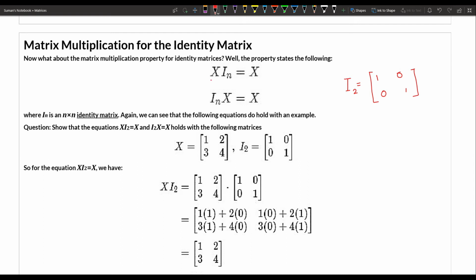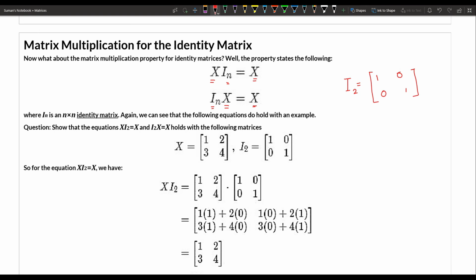If we multiply any non-zero matrix with the identity on the right hand side, obviously the two matrices have to be of the same order, then we get the non-zero matrix. Same if we have the identity matrix on the left hand side of the non-zero matrix, once again we get the non-zero matrix itself.